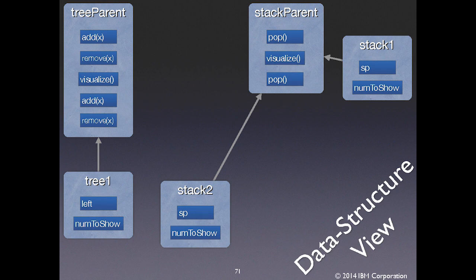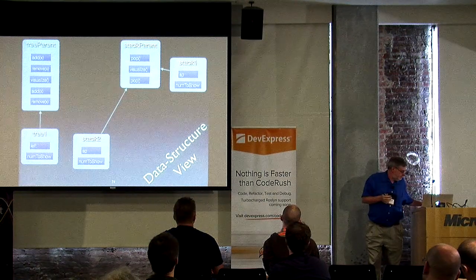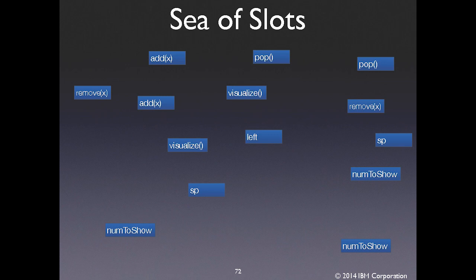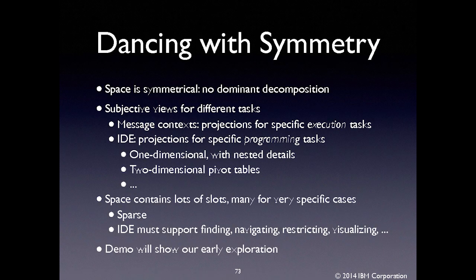Because if you think of an object as the collection of slots that are related, depending on your context and depending on the values of the dimensions, there will be different possible slots that can be found by a message send. And if you want to take sort of the God's eye objective view, it's just a big old sea of slots. So this is where the dancing with symmetry stuff comes in.